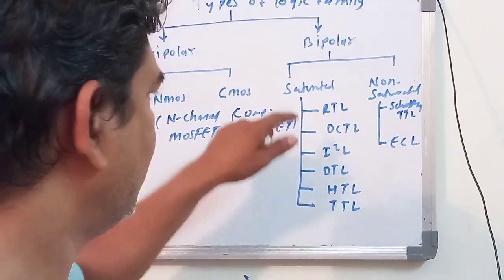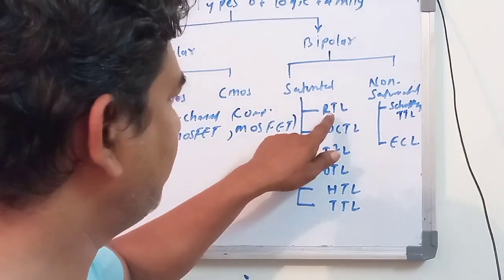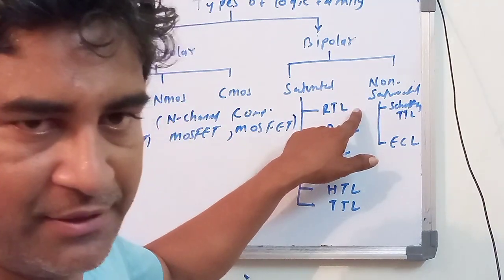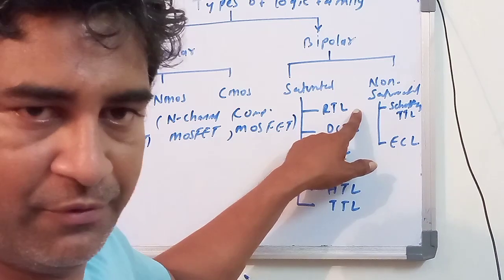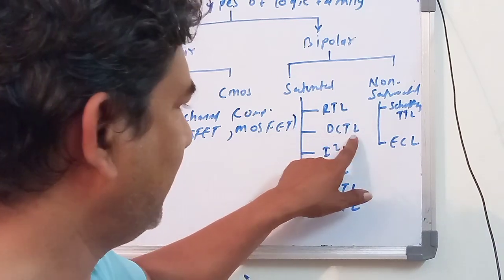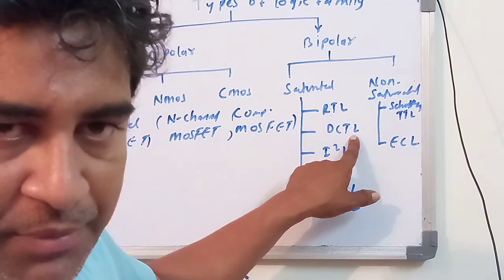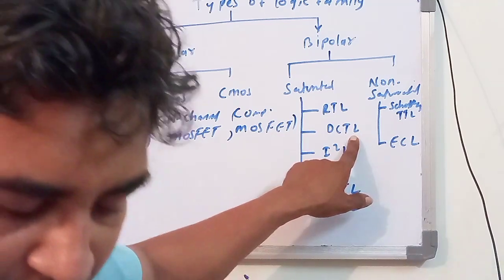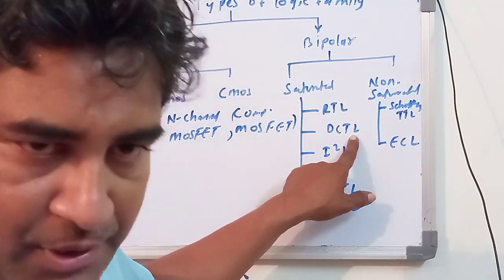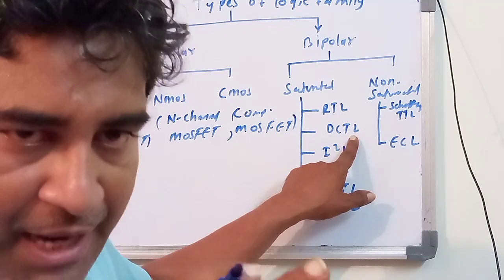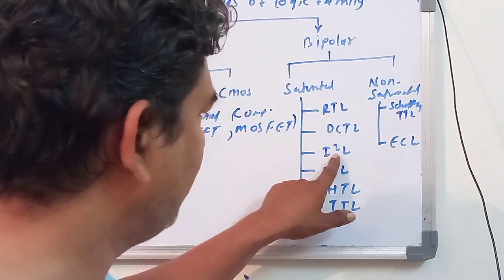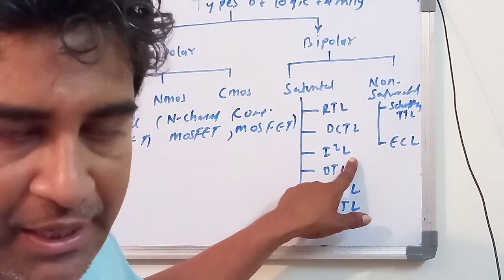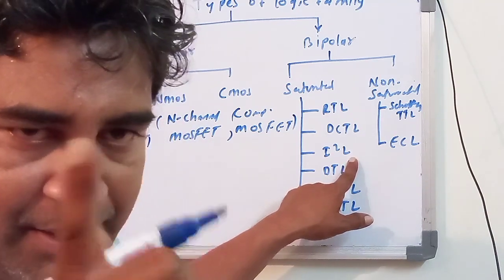Okay students, so the first saturated part is RTL, that is resistor transistor logic. You may write down the full form. Then DCTL, direct coupled transistor logic. I square L means there are 2 I's, that is I square.